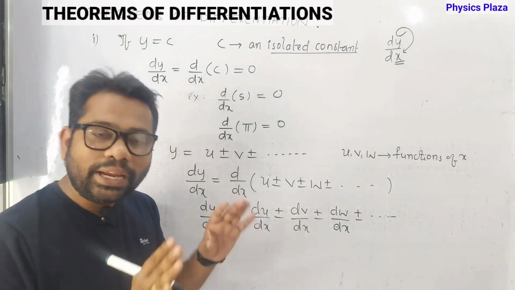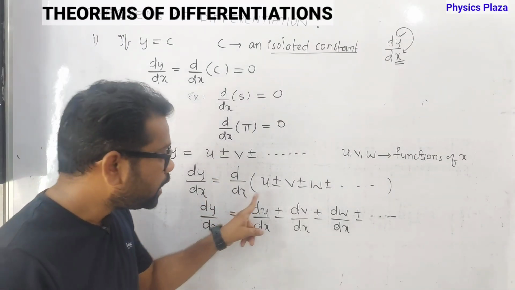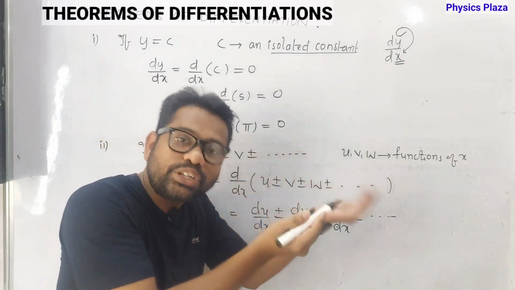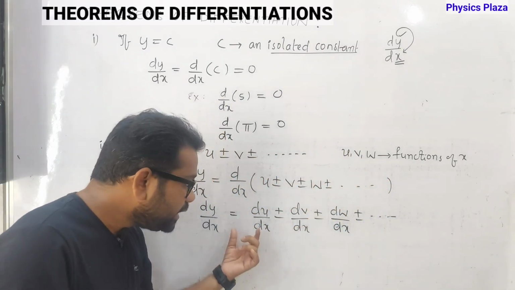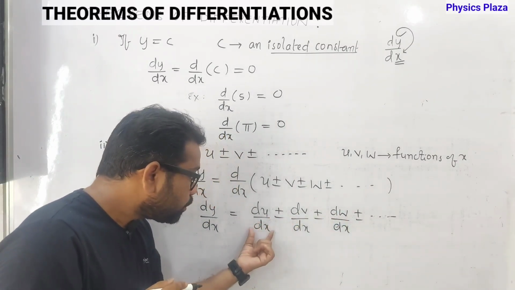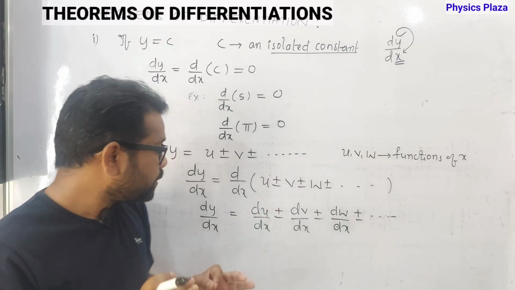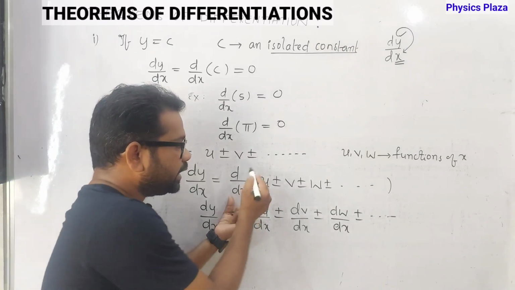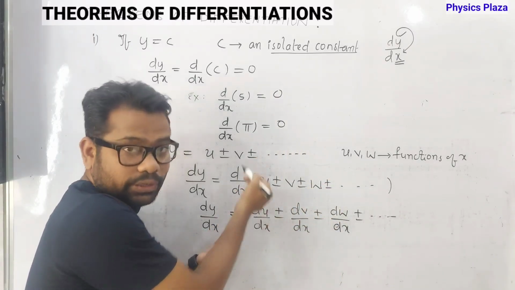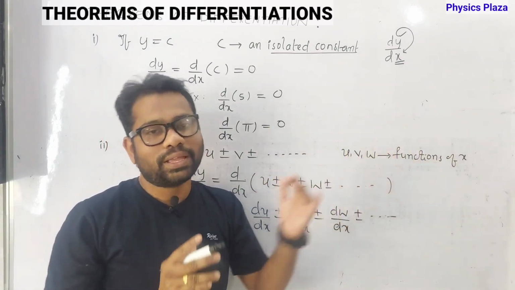What does it mean, children? It means the differential coefficient of the algebraic sum of a number of functions is equal to the algebraic sum of the differential coefficients of the individual functions. Am I clear, children? So when n number of functions are inside the differential coefficient, you can apply the differential operator to each and every function individually. Hence, it can be calculated.